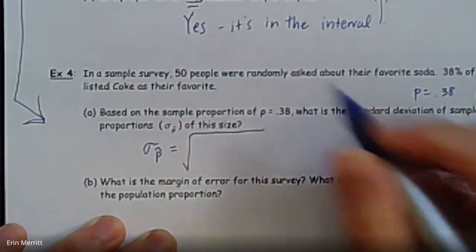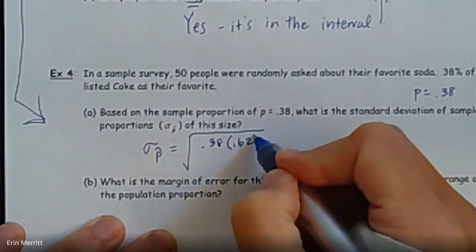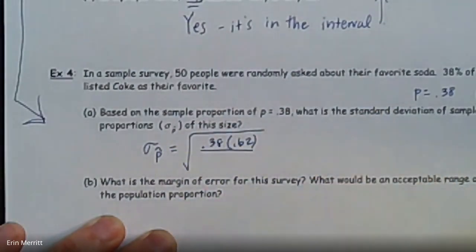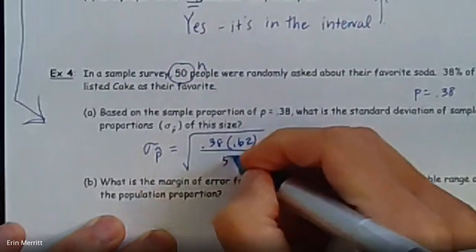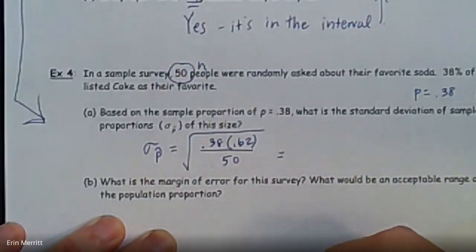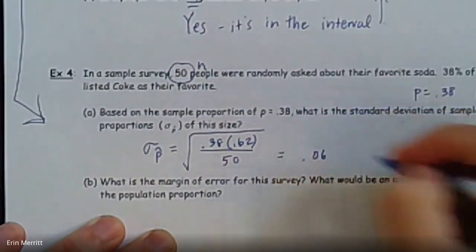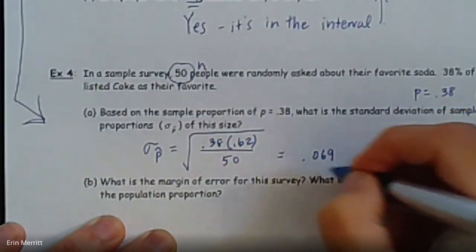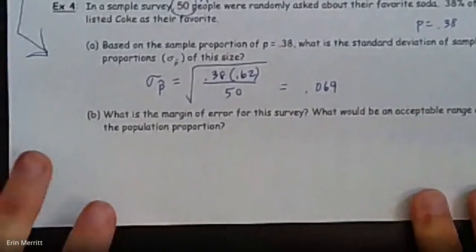It's right. Okay. So it's going to be 0.38 times 0.62, and then all over, they asked 50 people. That's your n value. So we're going to put 50 there. All right. So when we calculate that, it comes out to be about 0.069. So that's the standard deviation for that one particular sample there.